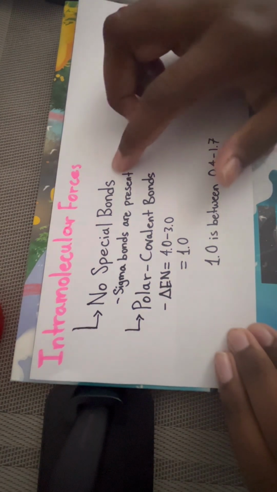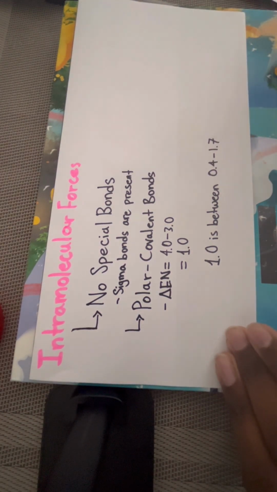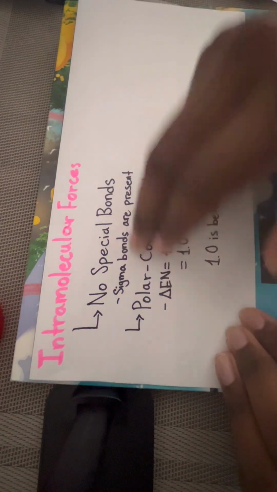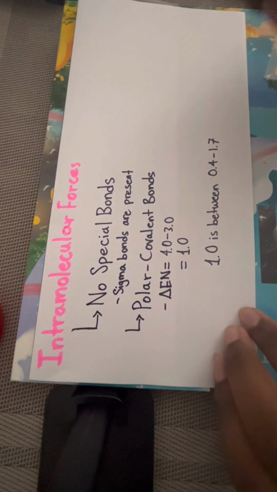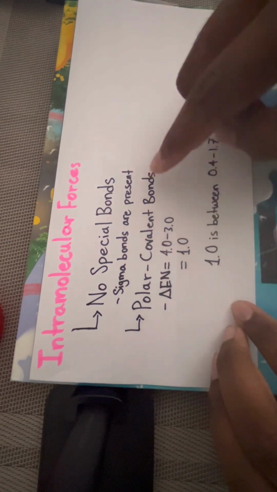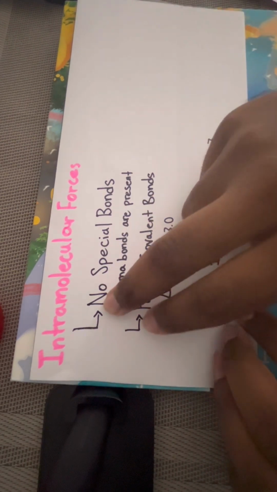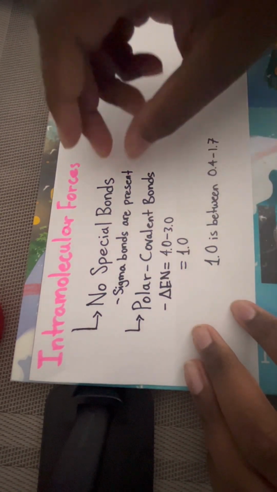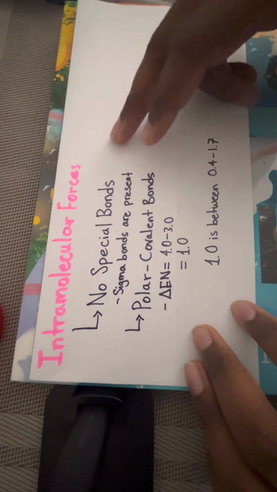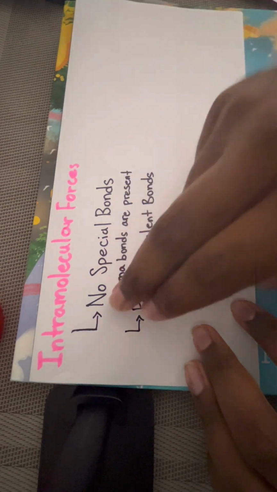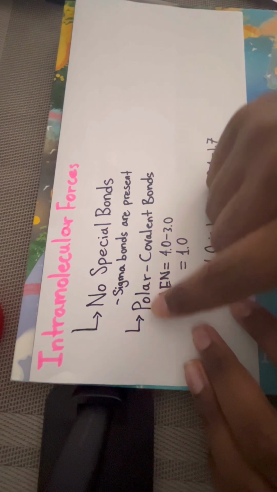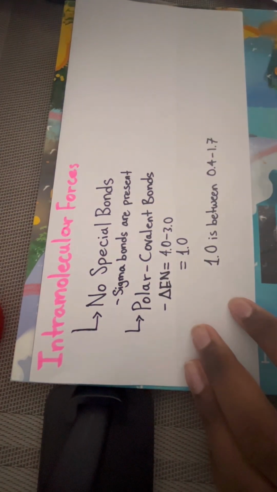So for bonds, there are no special bonds. Sigma bonds are present. However, there are polar covalent bonds. Now for this, going back to the special bonds, there are no coordinate covalent bonds or resonance structures. That's why we put no special bonds. However, there are polar covalent bonds.